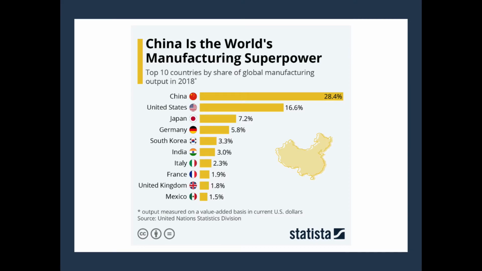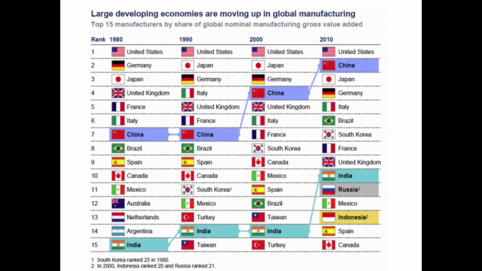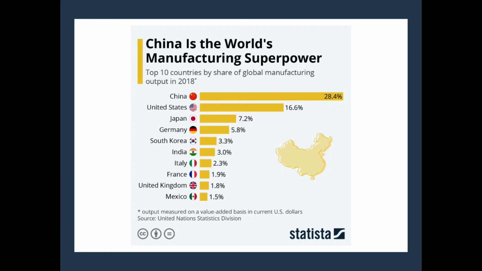For some slightly updated figures, look, China does now win, which I don't expect surprises any of you at all. China makes more stuff than any other country in the world. So there's been a global shift, is what we call it. It's caused by globalization. More developed countries are losing their manufacturing. Less developed countries are getting the manufacturing industry.